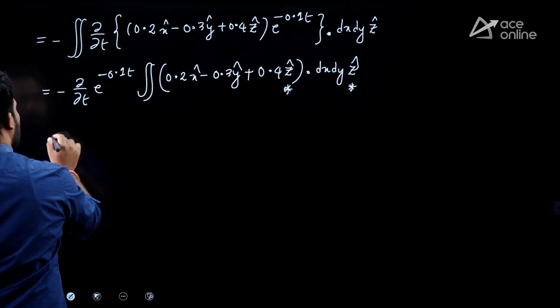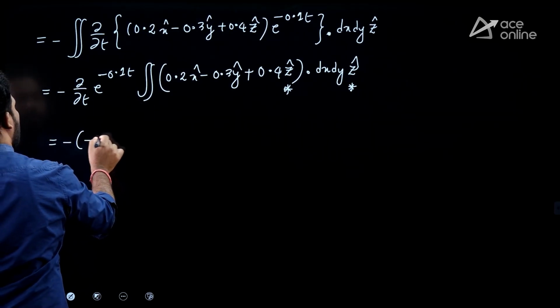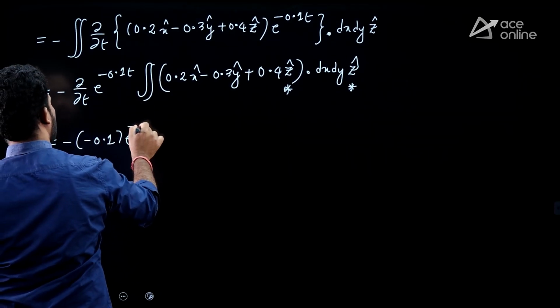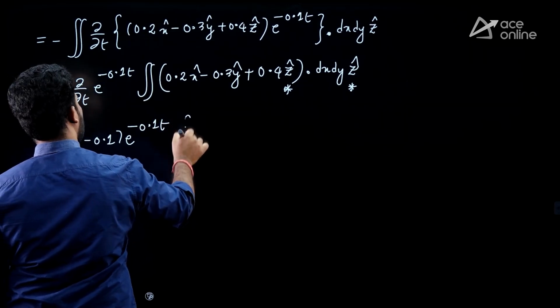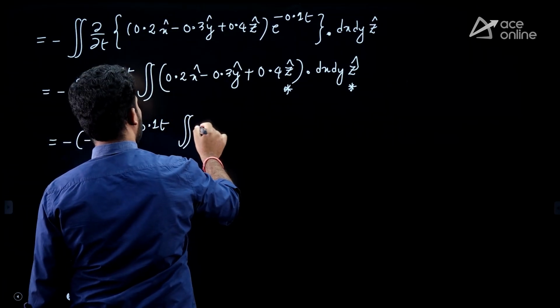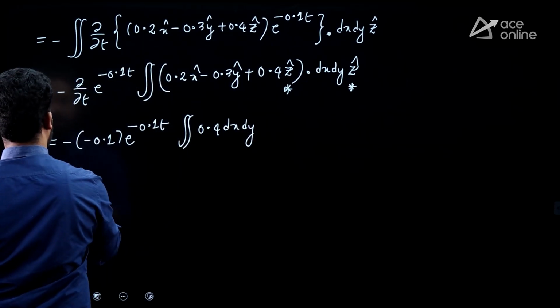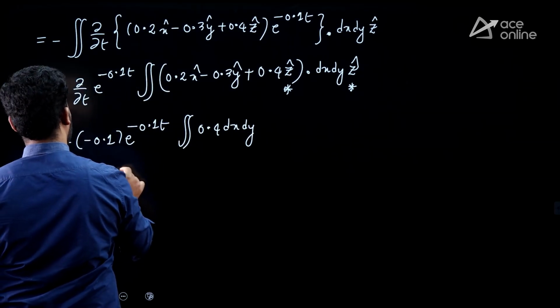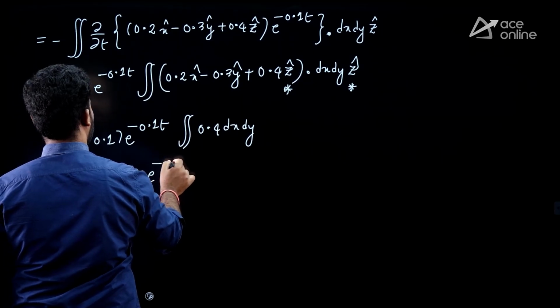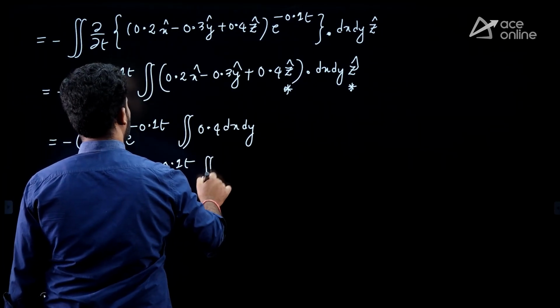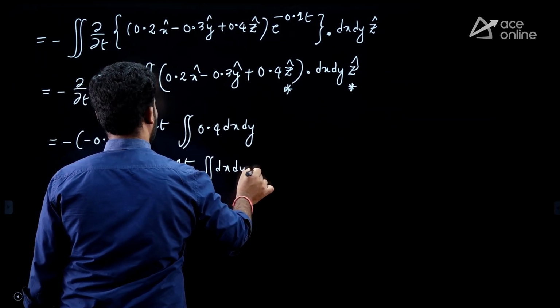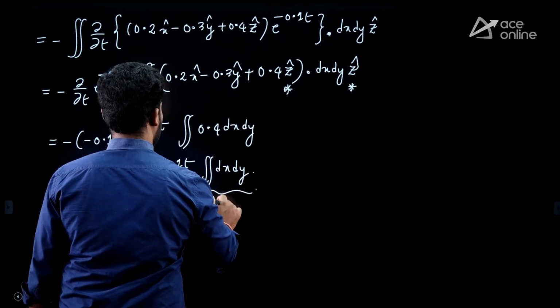So what is the differentiation of this part? It is minus of minus 0.1 into e to the power of minus 0.1 t. So the surface integral of it is 0.4 into dx dy. Bring this one outside. It is 0.1 into 0.4 into e to the power of minus 0.1 t, and then dx dy. This is the area of the loop.